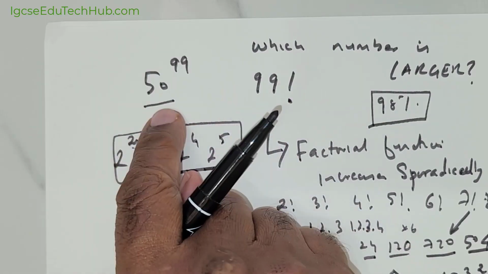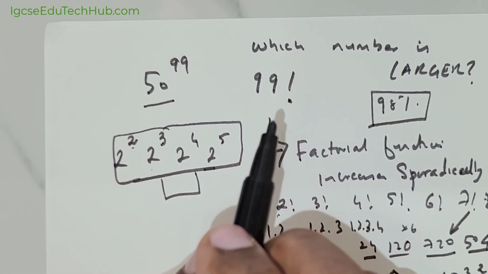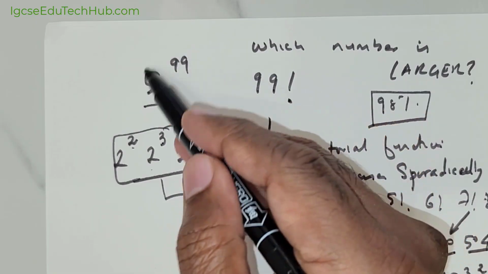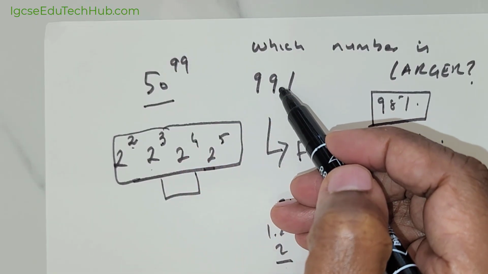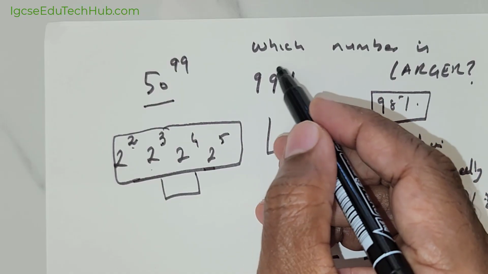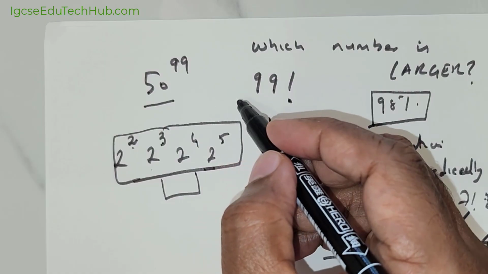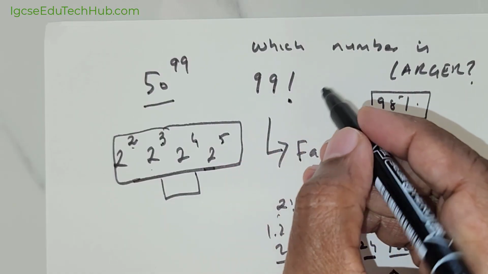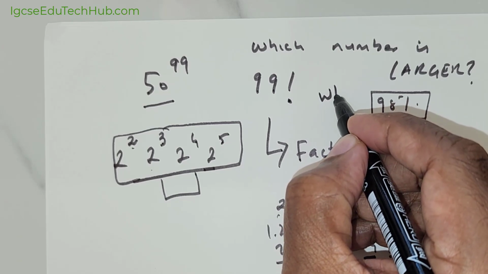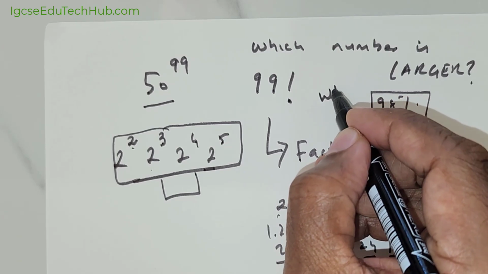So between these two we need to compare. Of course, you can take your chances. You can outrightly say this number is greater than the number on the right side, or the number on the right side is greater than the number on the left side. But in any situation, they will ask you this question: how do you know?